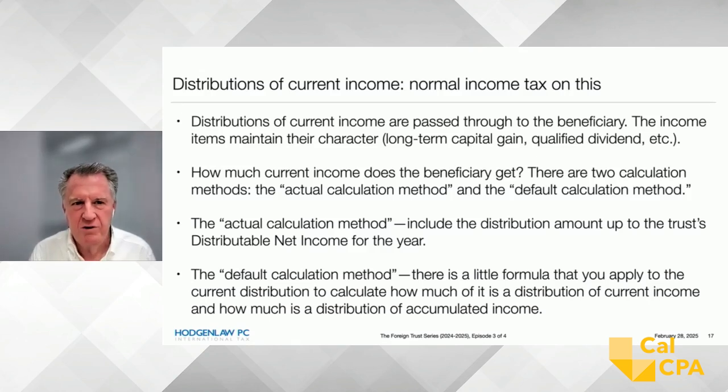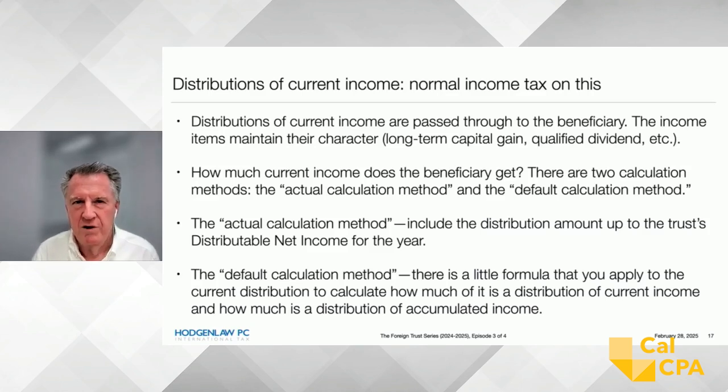One is called the actual calculation method, or actual method, and this just follows along. If you've got well-behaved trust accounting, you know its history, and you can allocate for different years, year in and year out: how much money did the trust earn that year? How much did it distribute? How much did it not distribute? And that amount that was not distributed is called undistributed net income, UNI. So the trust accounting gives you the numbers.